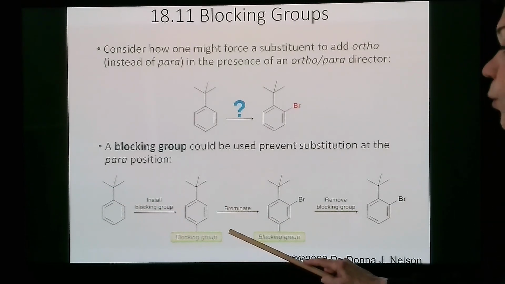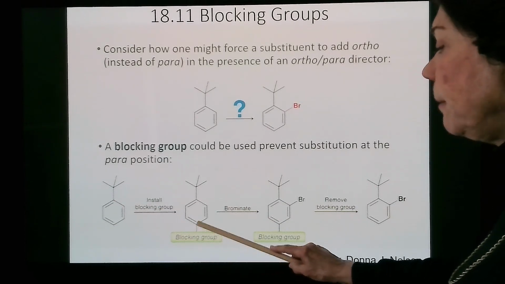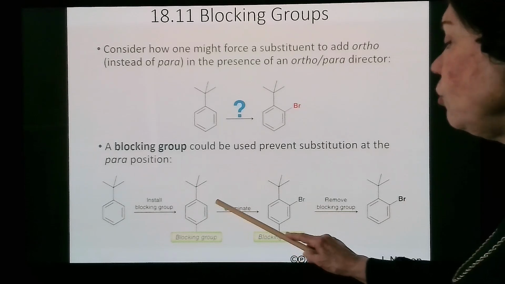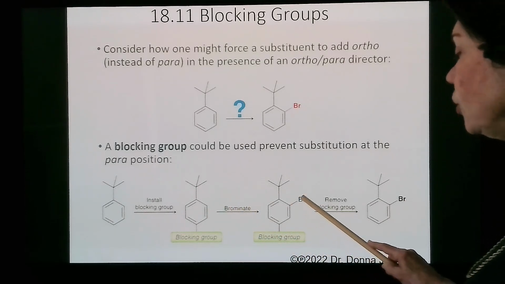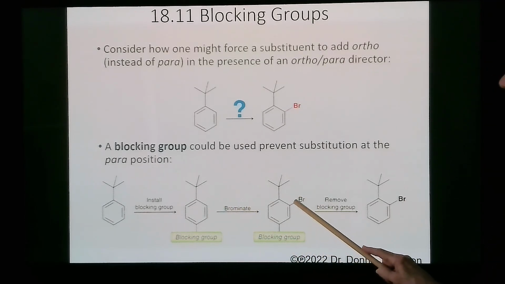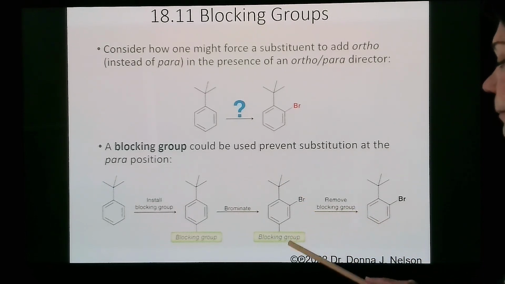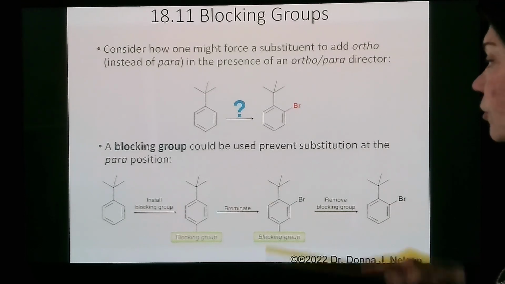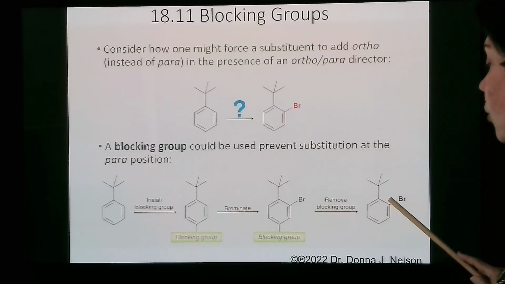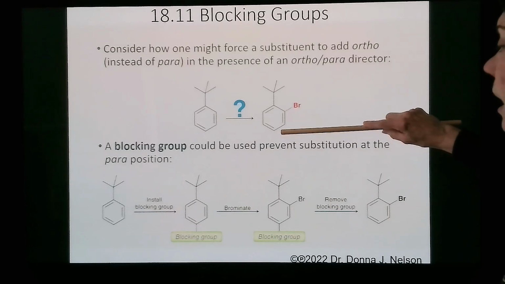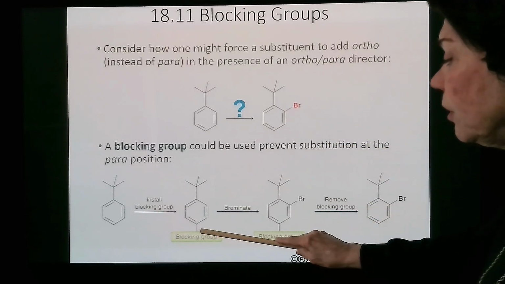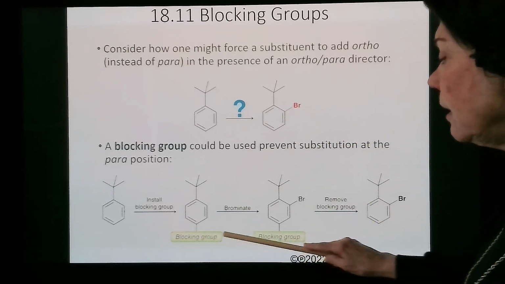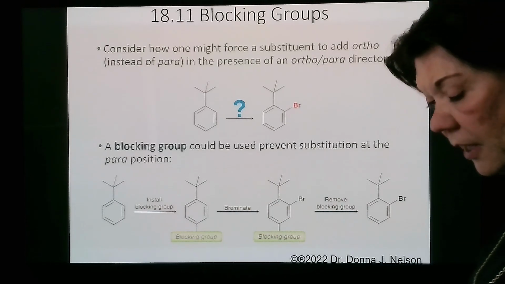So what we do is we install a blocking group in the para position. And then you do the bromination, which will then just be at the ortho position, and then you remove the blocking group. And then you have just ortho substitution. You don't have any para substitution because it was blocked when the bromination took place.